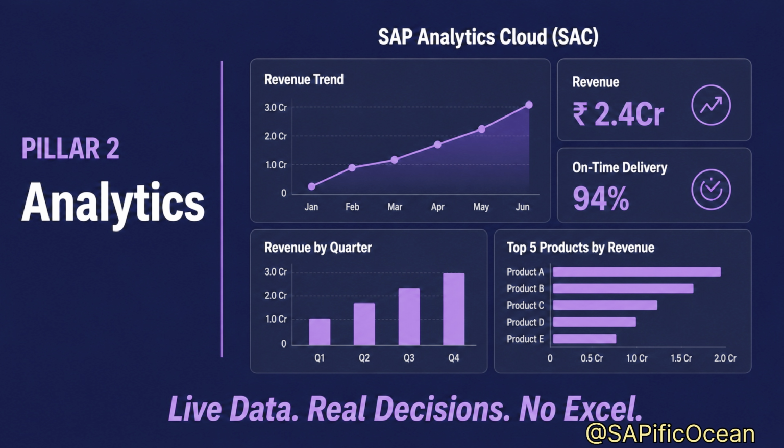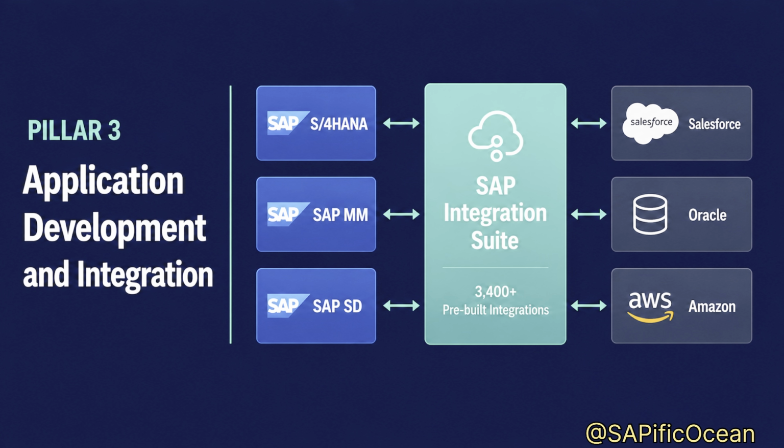Pillar 3, Application Development and Integration. This is the largest pillar, and for functional consultants, the most immediately relevant one. It has two parts: integration, the SAP Integration Suite. This is the bridge that connects SAP systems to non-SAP systems.